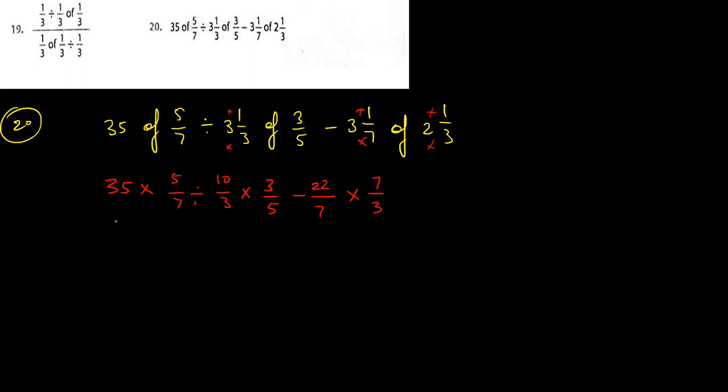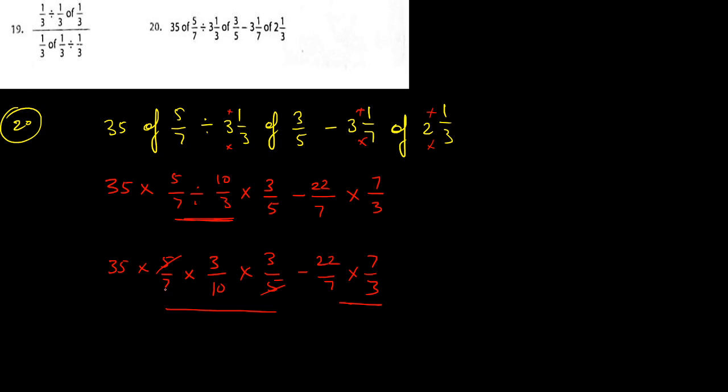Okay, so first we have to do divide. So 35 of 5 upon 7, change the sign of divide into multiply and reciprocate the next fraction. So it will be 3 upon 10 multiply by 3 upon 5 minus 22 upon 7 into 7 upon 3. Now we have to do multiply. As you can see here, 5 and 5 cancel.